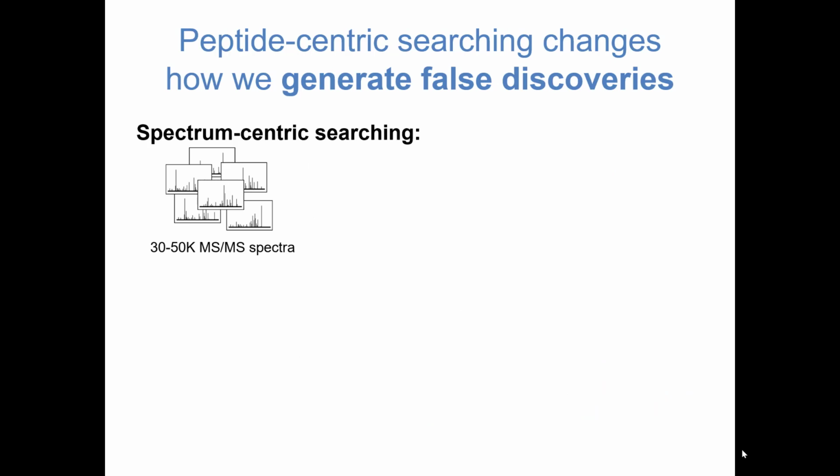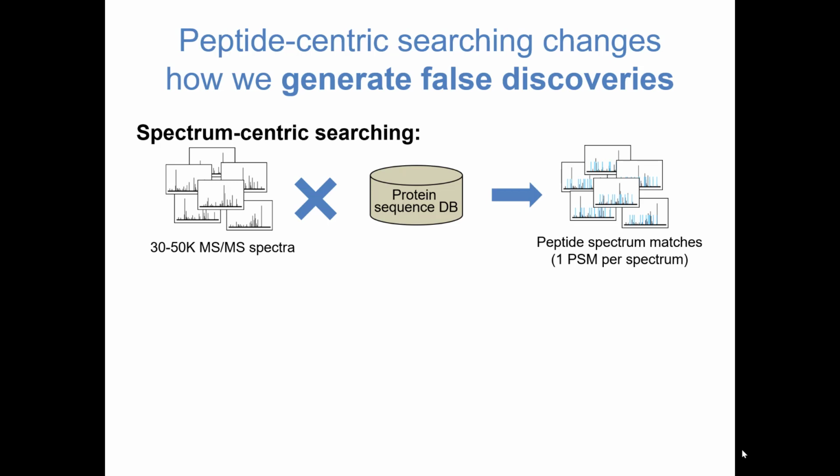Instead of asking in a spectrum-centric way, where you've got 30 or 50,000 MS/MS spectra, and then seeing what's the best peptide that matches to this spectrum out of my entire protein sequence database, and getting a list of PSMs where you've got one peptide spectrum match per MS/MS that you've acquired. So this is one measurement for 30 to 50,000 scans.